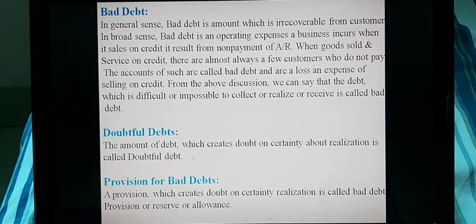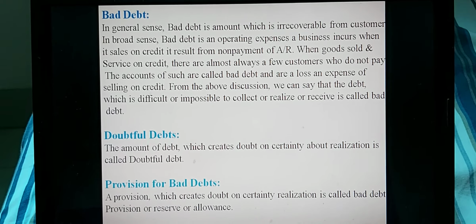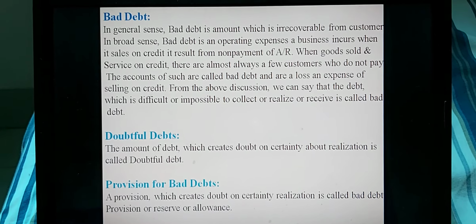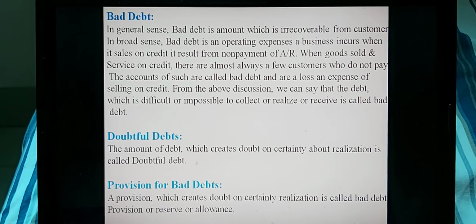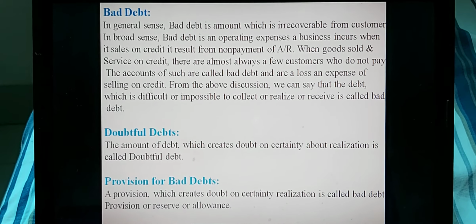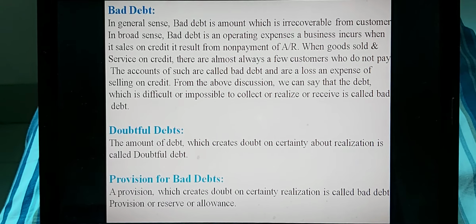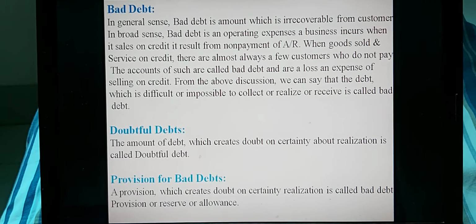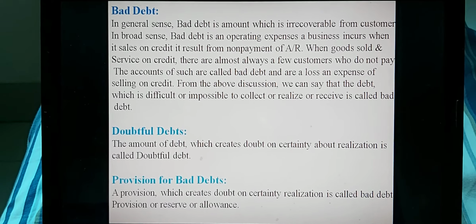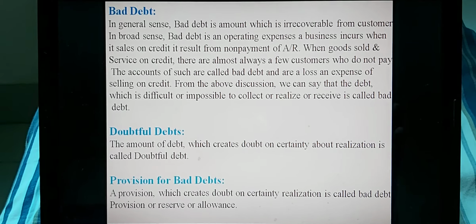In a broad sense, bad debt is an operating expense the business incurs when it sells on credit. It results from non-payment of accounts receivable. Doubtful debt: the amount of debt which creates doubt or uncertainty about realization is called doubtful debt. Provision for bad debt: a provision for debt whose realization is uncertain is called bad debt provision, bad debt reserve or bad debt allowance.